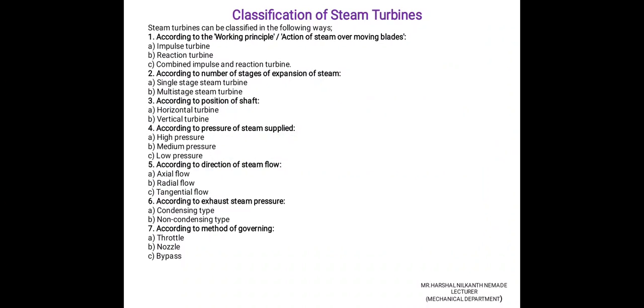According to the pressure of the steam supplied: high pressure, medium pressure, low pressure. According to the direction of steam: axial flow, radial flow, tangential flow. According to the exhaust pressure: condensing type and non-condensing type. According to the method of governing: throttle, nozzle or bypass. Okay, these were the classification of the steam turbine.